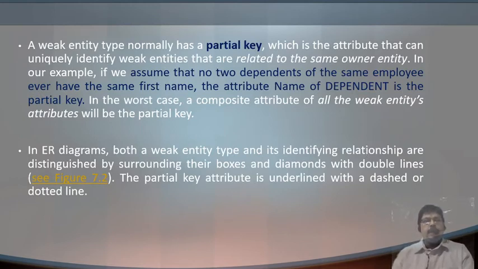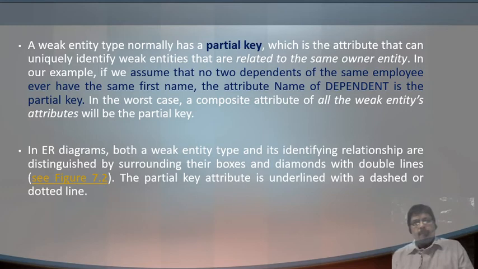Actually, weak entities normally have a partial key, which is the attribute that can uniquely identify weak entities. Now let us take one example where we assume that no two dependents of the same employee have the same first name. The attribute name of the dependent is the partial key.